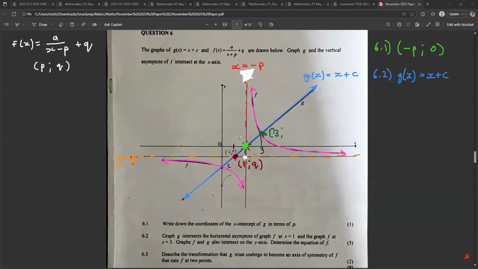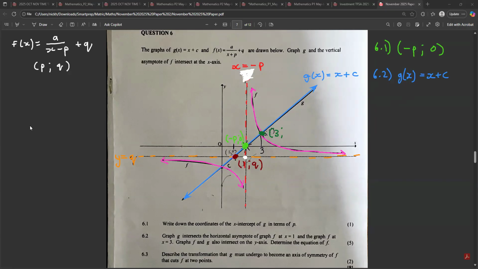We know that this green point here, we've figured out to be negative p and 0. So let's just put that in there, negative p and 0. That means that if g of x is equal to x plus c, we could substitute x is equal to negative p into here, and we know that that's equal to 0, based on this green point.